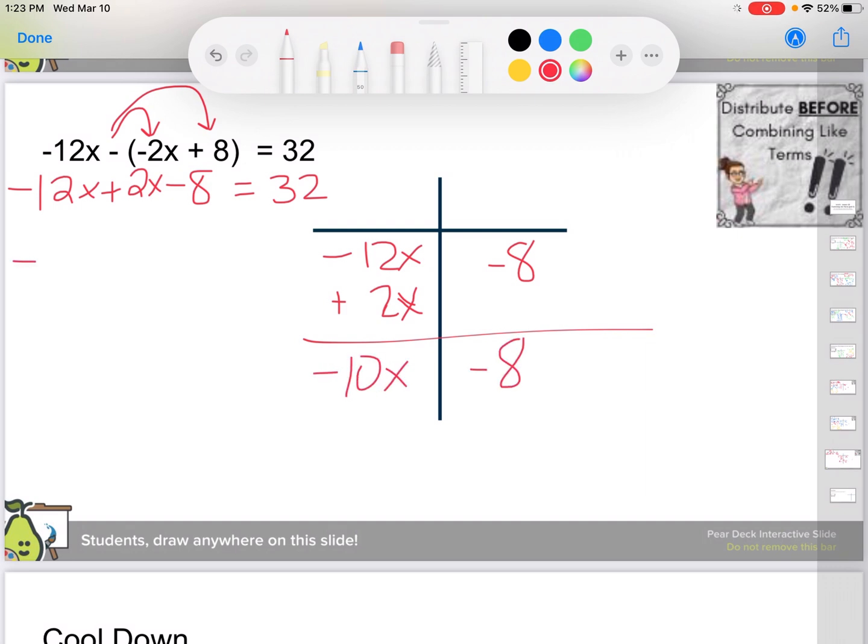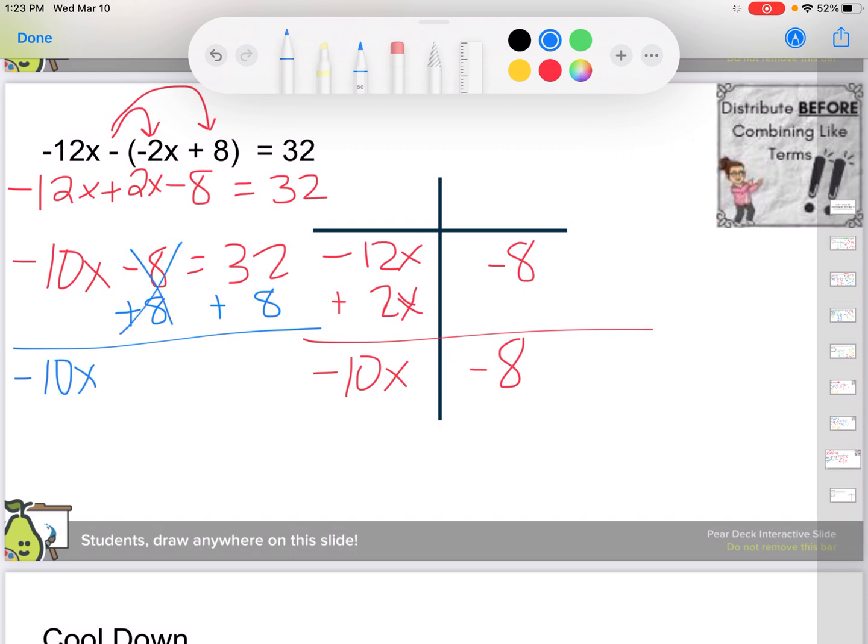So my expression is negative 10x minus 8 equals 32. Then I'm going to add 8 to each side. I get negative 10x equals 40. Then I'm going to divide by negative 10 on each side. x equals negative 4.